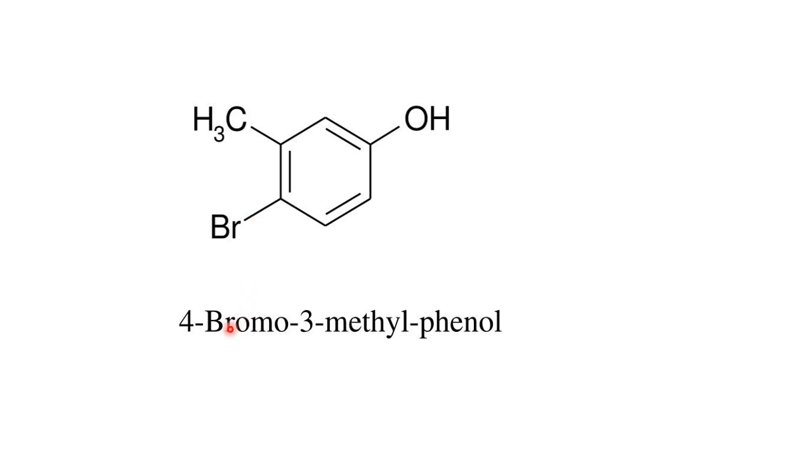According to alphabetical order, bromo is written before methyl, and because phenol is number 1, counting from here, methyl gets number 3 and bromo 4. So 4-bromo-3-methylphenol, and we already discussed this. By this we end up with naming.